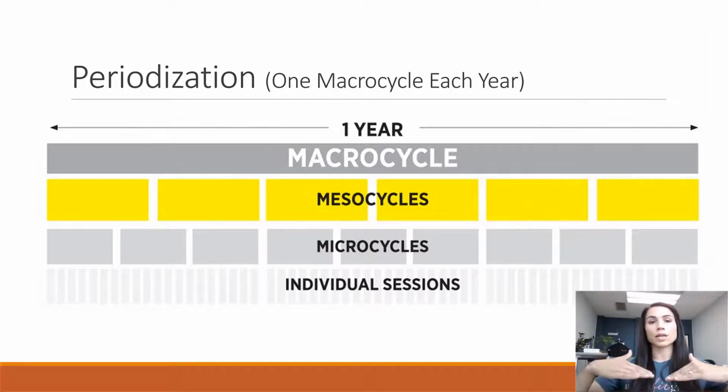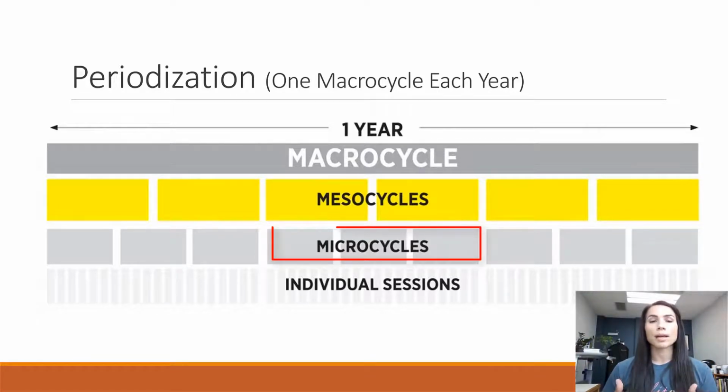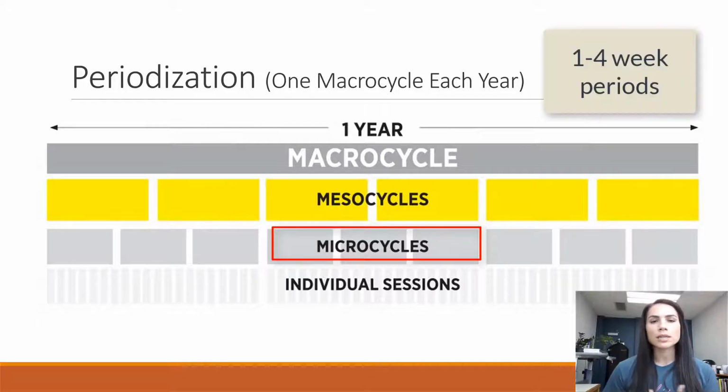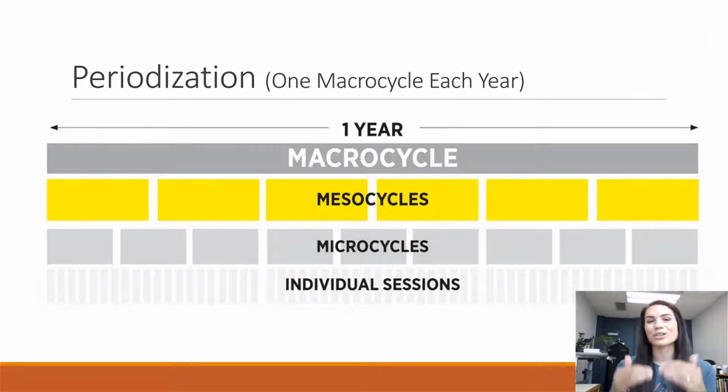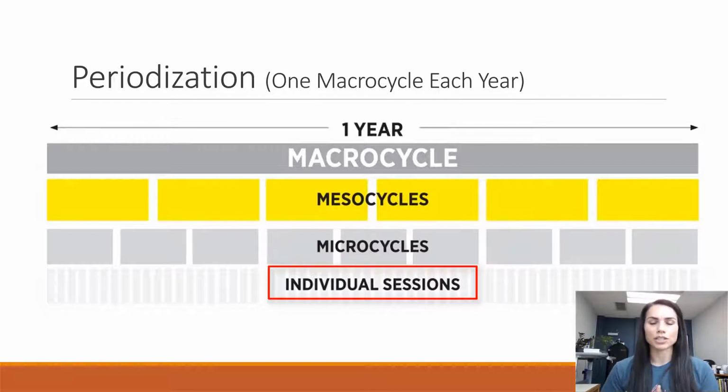So to be clear, your mesocycles are what make up your macrocycles. And then your microcycles are actually what make up your mesocycles, right? So your microcycles are those 1 to 4 week periods that you're going to be really thinking specifically about what they're doing within that 1 to 4 week period. And then within those microcycles are your actual individual sessions.